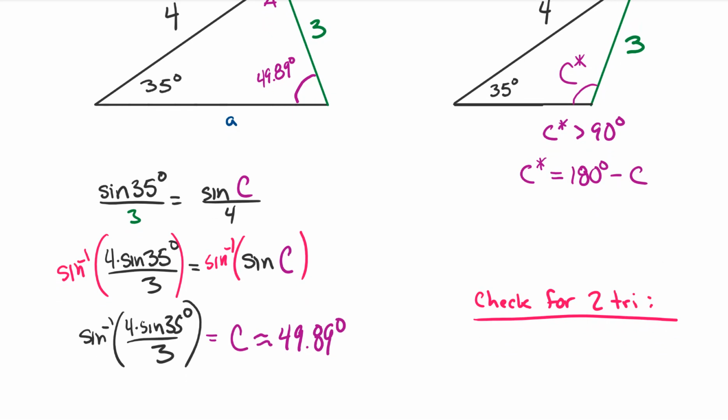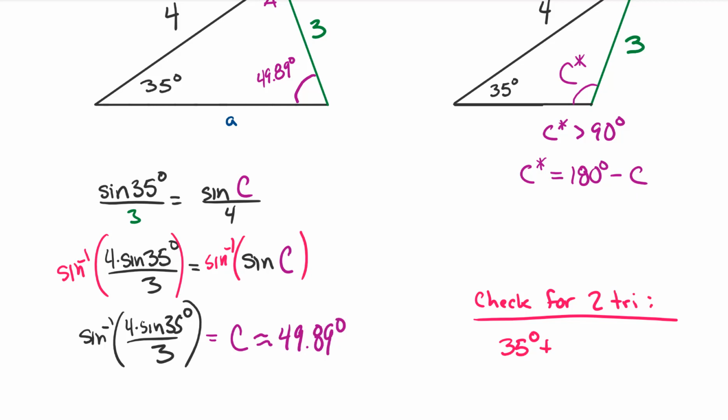We're going to take the given angle, 35 degrees, and add it to C star. You need to take this and plug it in for C. I know it's a lot.